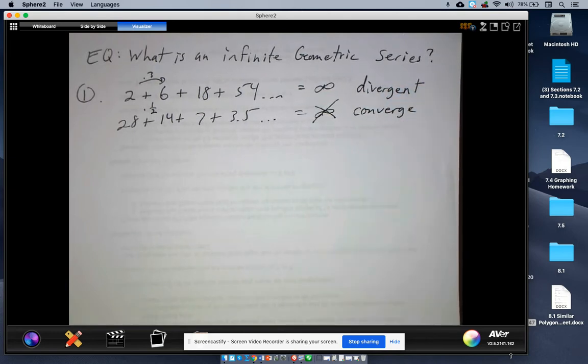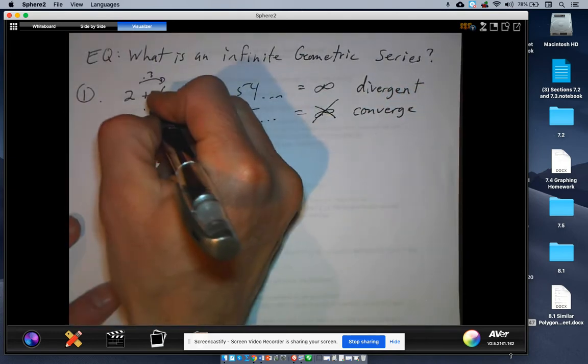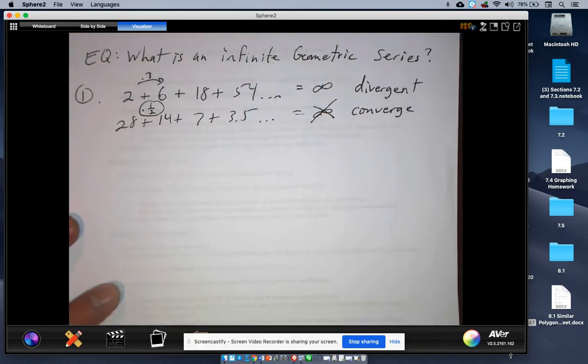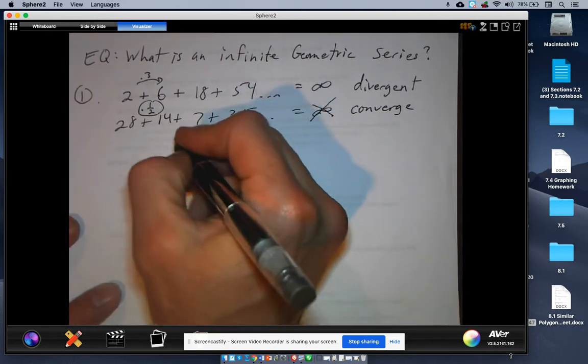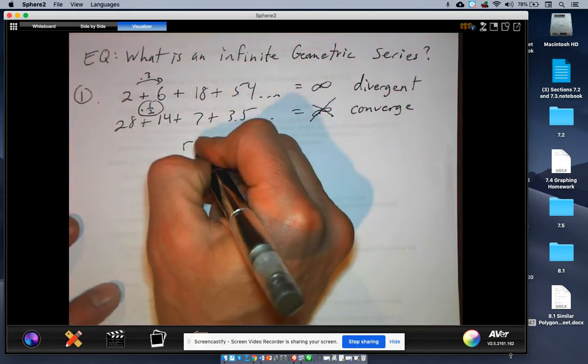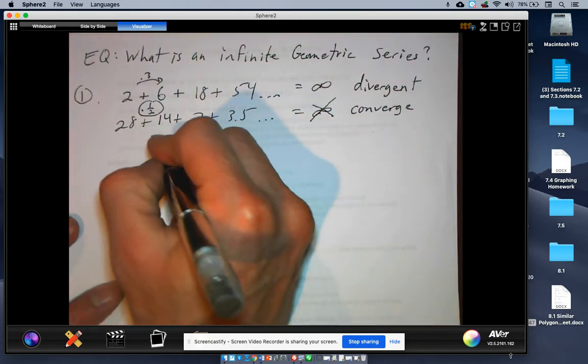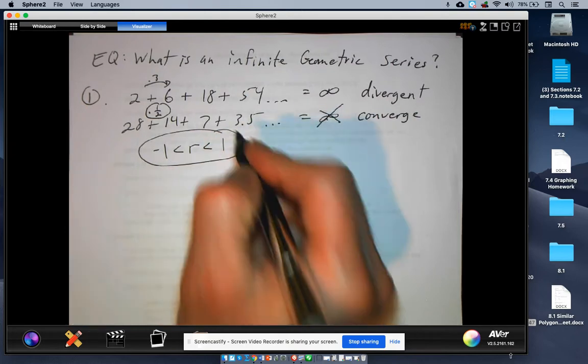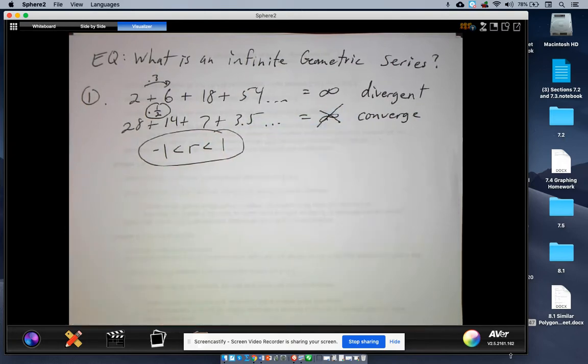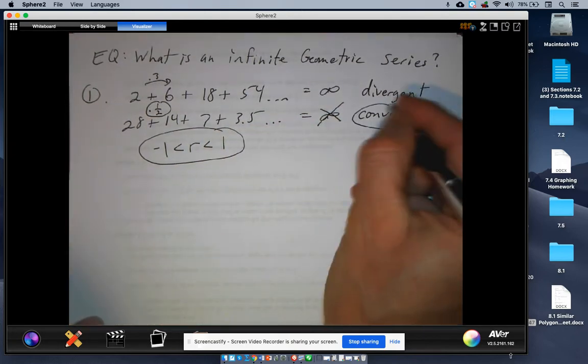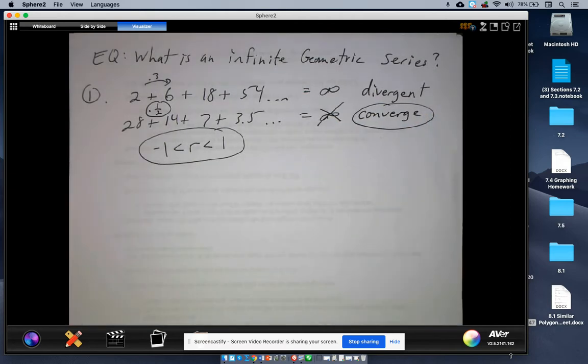All right, and when it's going to converge, this R value, or what you're multiplying by, 28 times 1/2 equals 14, 14 times 1/2 equals 7. If that R value is less than 1 and greater than -1, so basically if it's a fraction, 1/4, 1/3, we're going to converge, and we can actually find what that sum is.